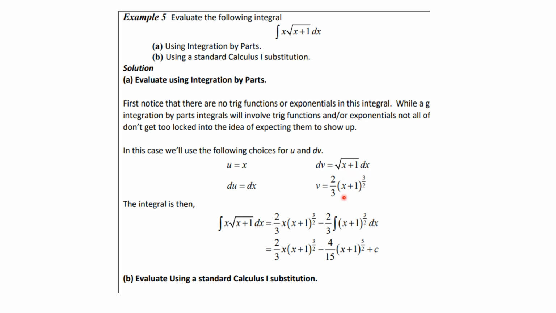So this is going to add 1 to the exponent, divide by the new exponent, and over here I calculate this and I get dx. So the integral of u dv is equal to uv minus the integral of v du. I do this calculation with the u substitution. U again, over here it's a different u, I suppose, is x plus 1, and I get this as my answer.